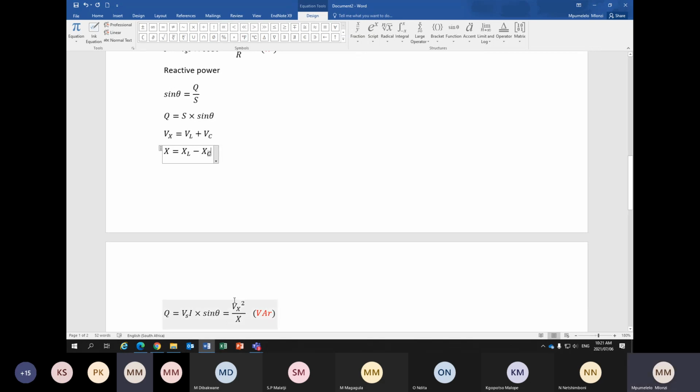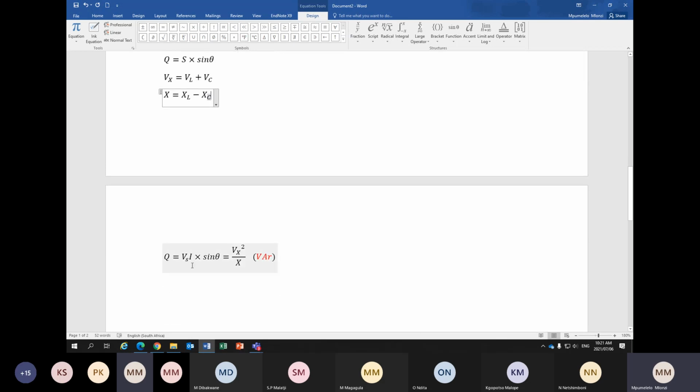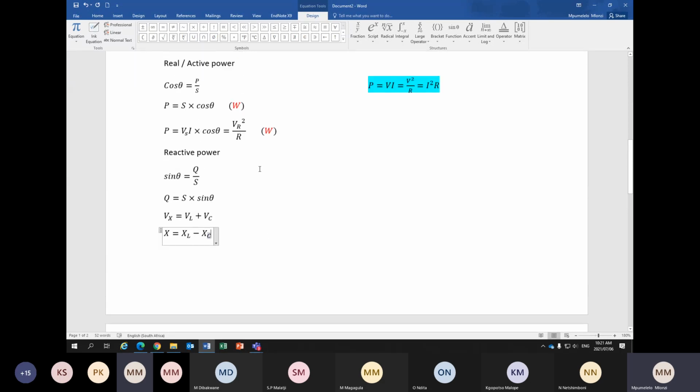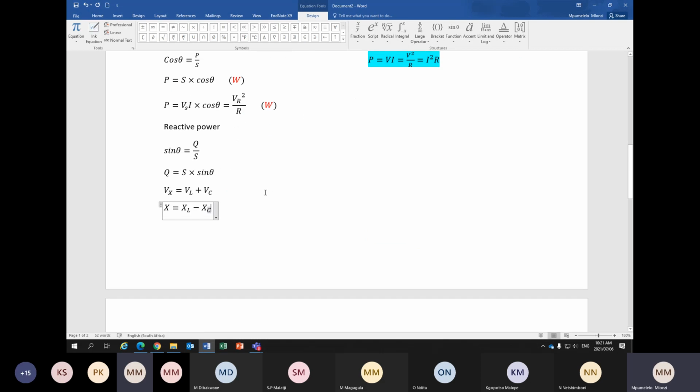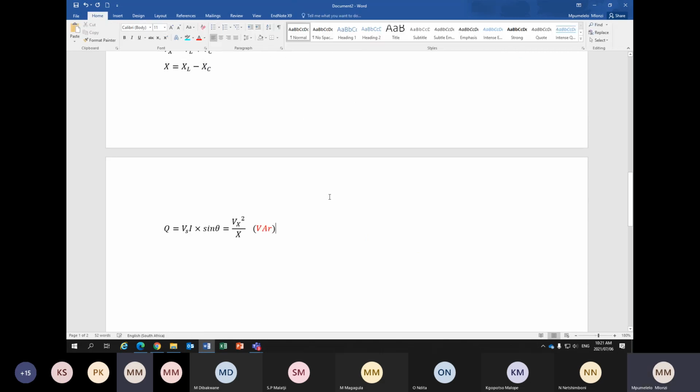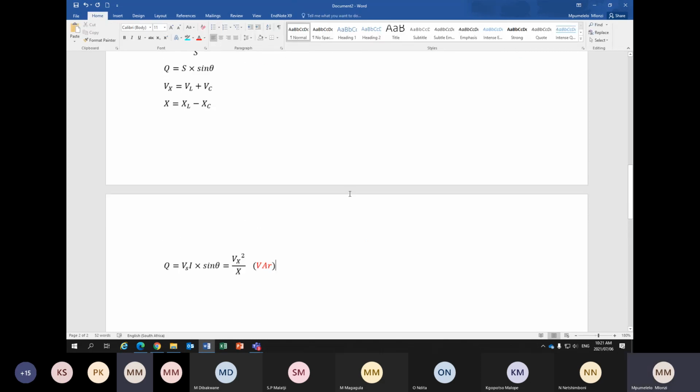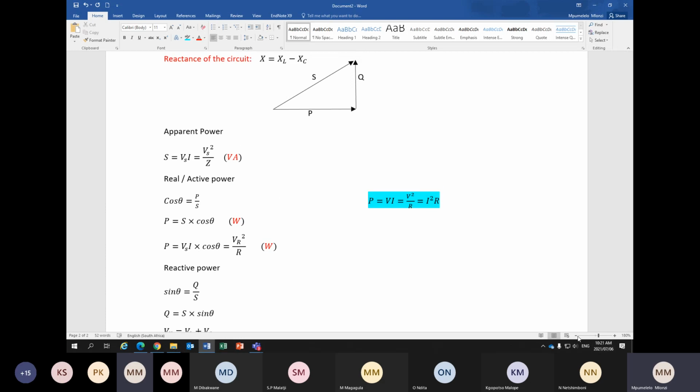And we can use this formula to calculate the reactive power, or you can just say total reactance multiplied by the current multiplied by the sine theta to determine the reactive power, or you can use this formula. Are there any other questions? None. Okay.